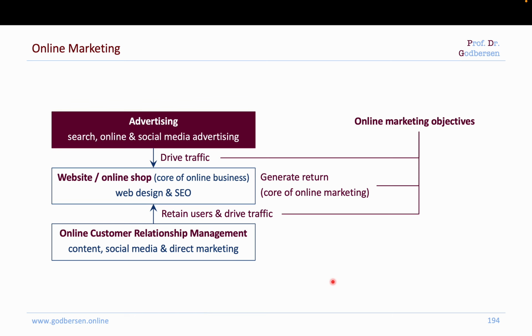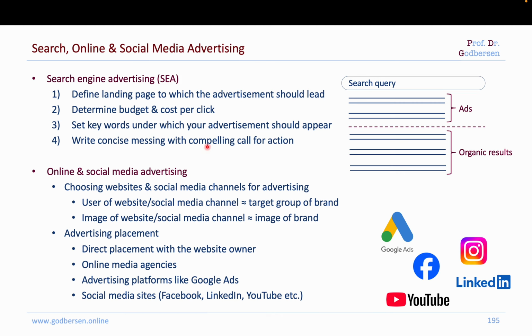Now advertising, driving traffic to your website. What we can do is search engine advertising, and there you define what you do. What you have to do is to define your landing page to which the advertisement should lead, determine the budget, so how much would you like to pay per click.